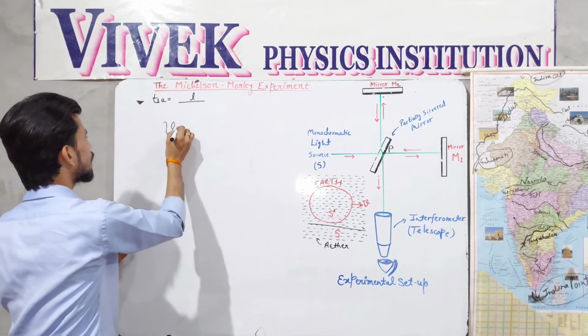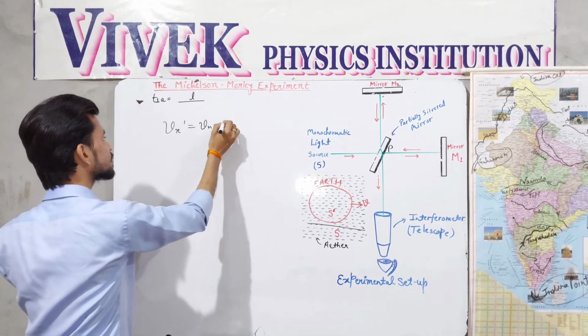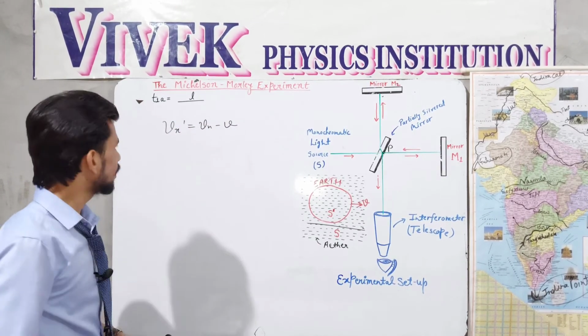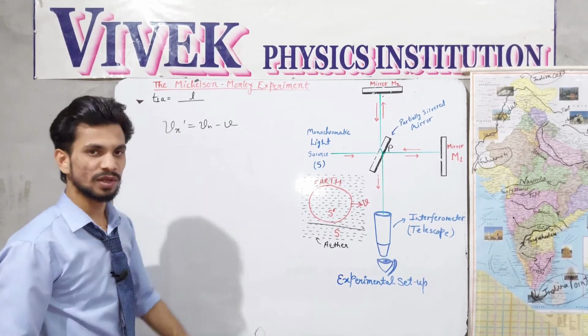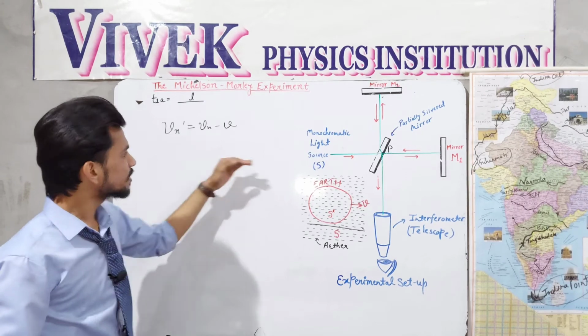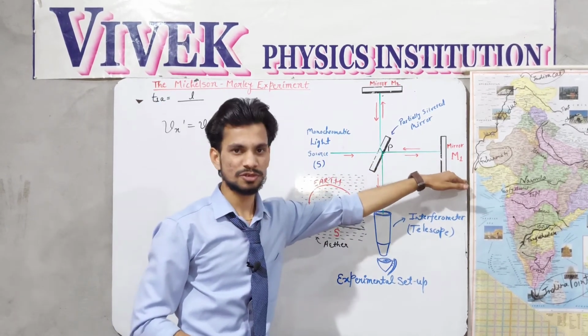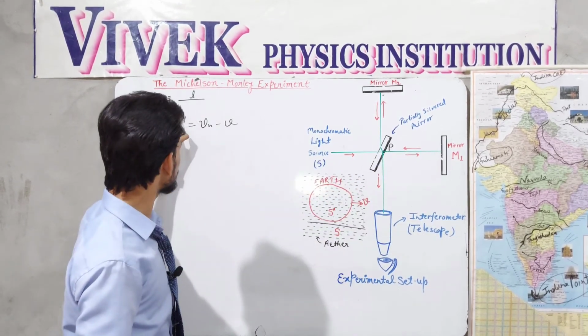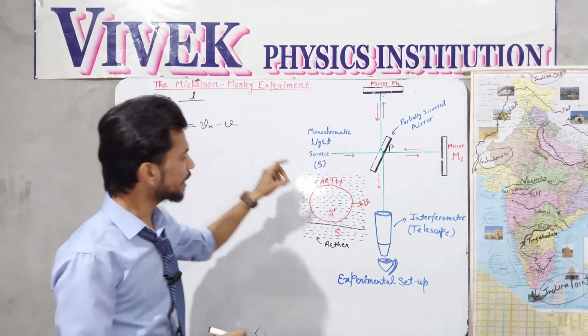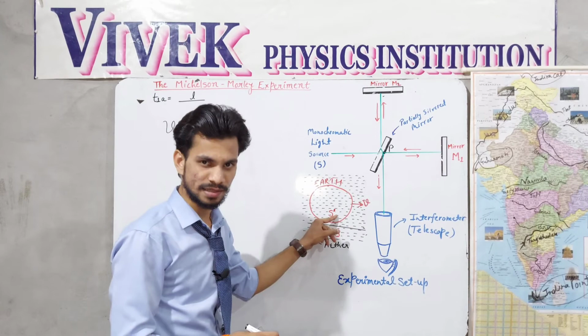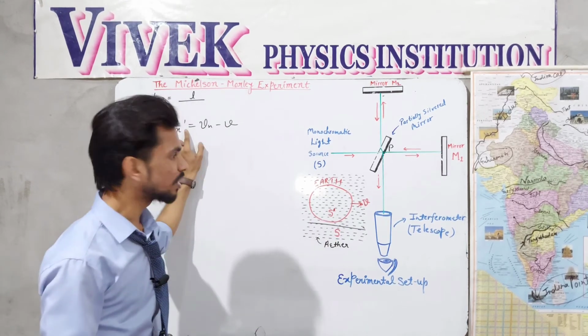The Galilean transformation is Vx dash equals Vx minus V. Let me make you understand exactly what Vx dash, Vx and V mean here. As light is going towards the positive x-axis direction, Vx dash is the component of the speed of light in the frame of reference of Earth, S dash, because dash is taken here.